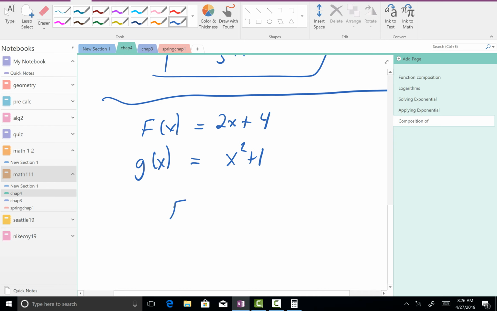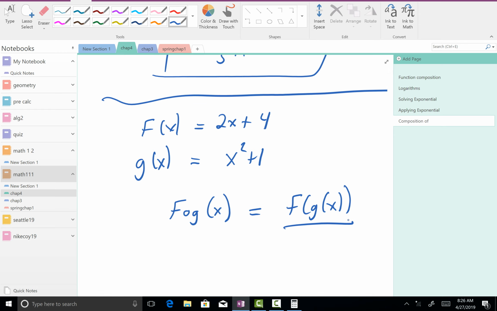You could see this, which looks like fog, but it's f of g of x. Or you could see this, which is a more common notation for it, and that's the one I like to use.